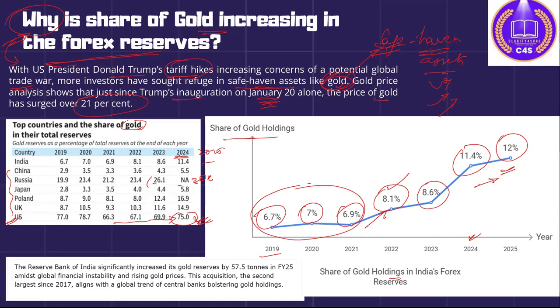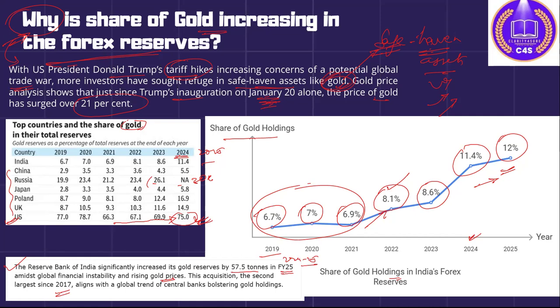Now, RBI significantly increased its gold reserve by 57.5 tons in financial year 24-25 only. Amidst global financial instability and rising gold prices, this acquisition, the second largest since 2017, aligns with the global trend of central banks bolstering gold holdings.